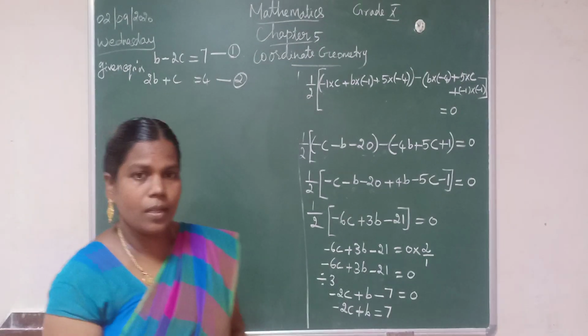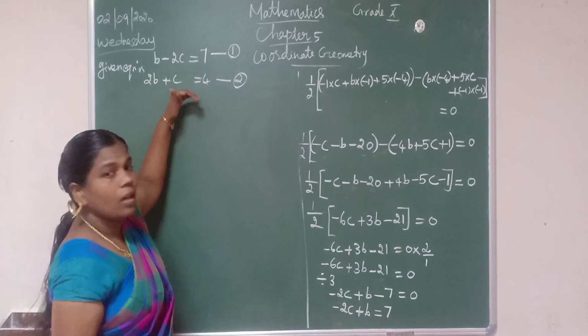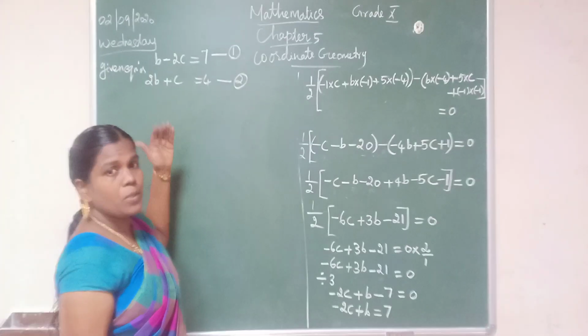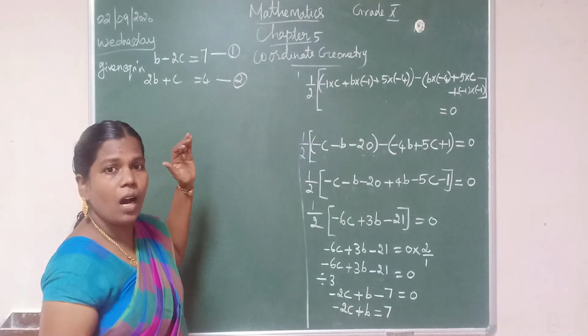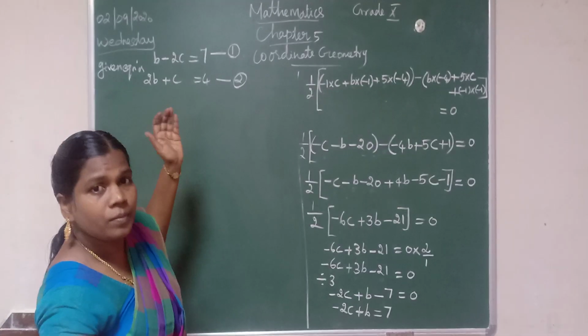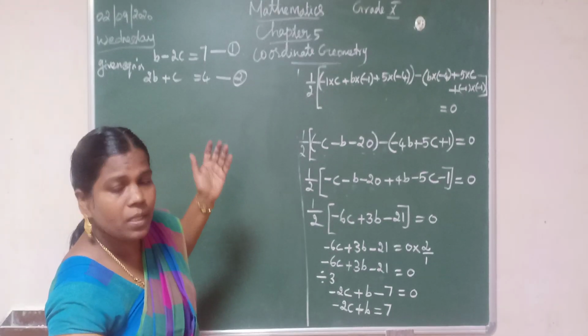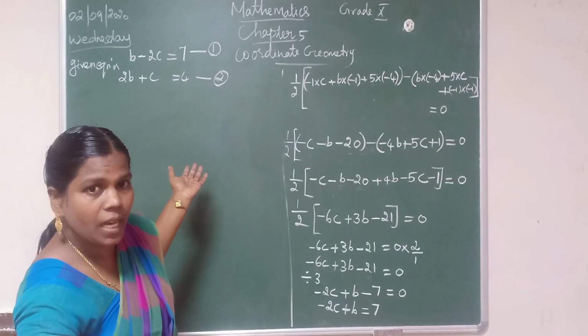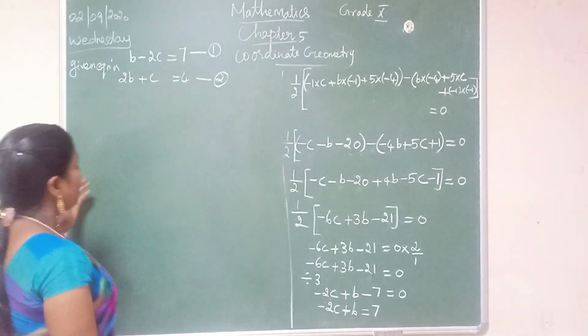Listen children, we have to find the b and c values. By solving we can get them. We can use either the elimination method or the cross multiplication method, any one method. Better we use the elimination method, that is easy.